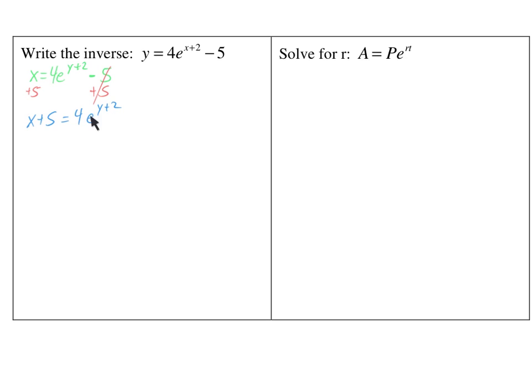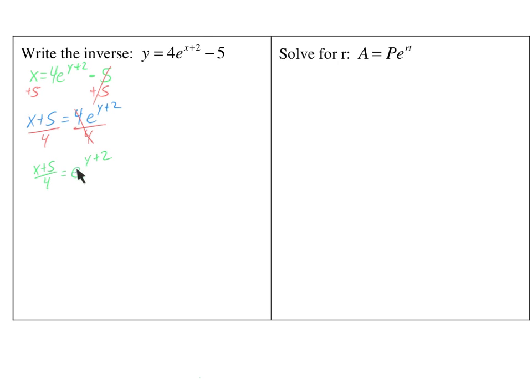So now, I've got to get this exponent by itself, so I get that 4 off. That's held by multiplication, so to get that 4 off, you're going to divide it off, and you do that to both sides. So what you now have is (x plus 5) over 4 equals e to the y plus 2.